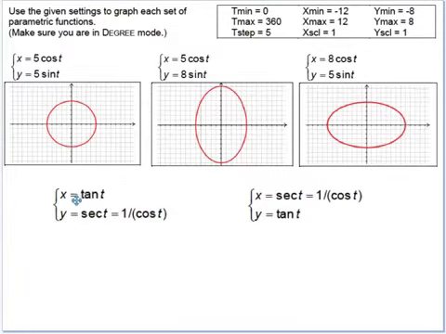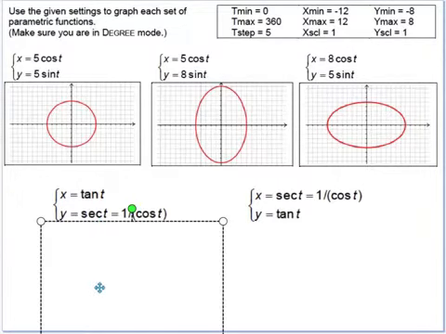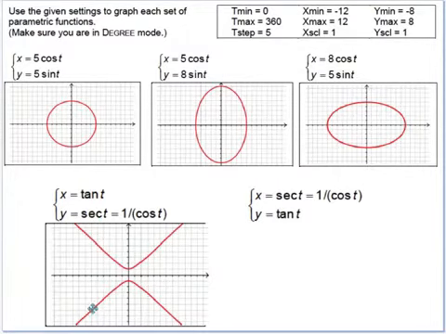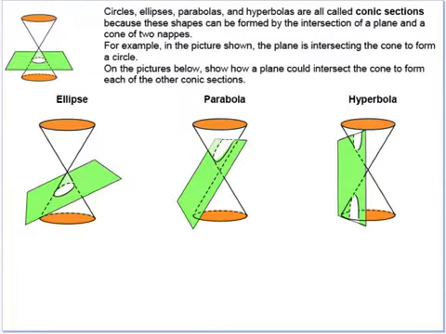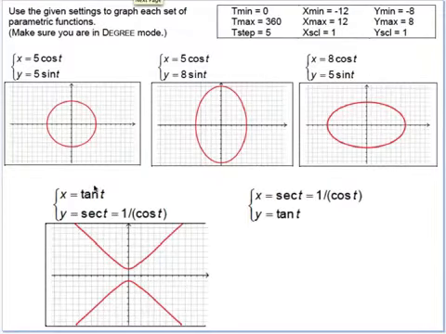Okay, notice now here we've got tangent t and secant t. What kind of shapes are we going to get there? Well, if you graph it, that's where you get your hyperbolas. We can graph that with tangent t and secant t. If you only look at the top part or only the bottom part, it just looks like a parabola.